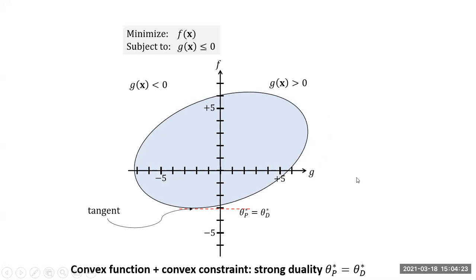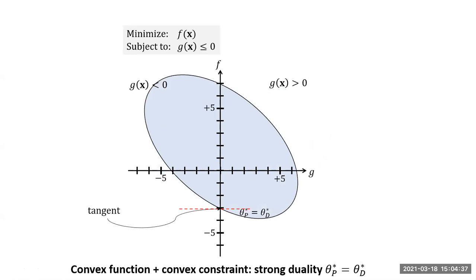Now, convex function, convex constraint. So here, strong duality holds in this case. Again, strong duality holds, because I can draw a tangent at this point.